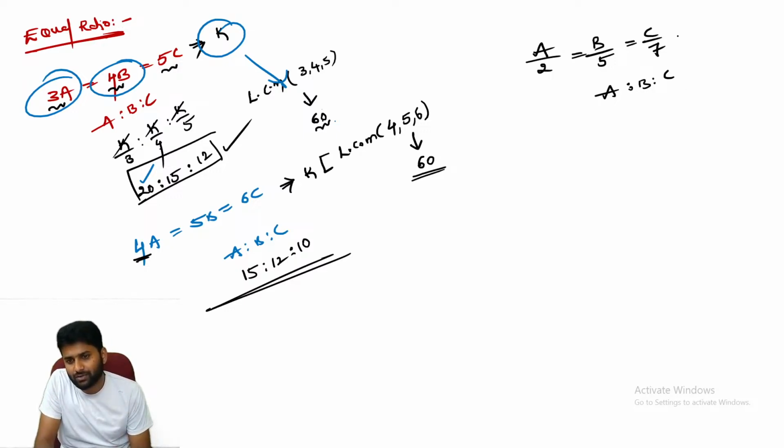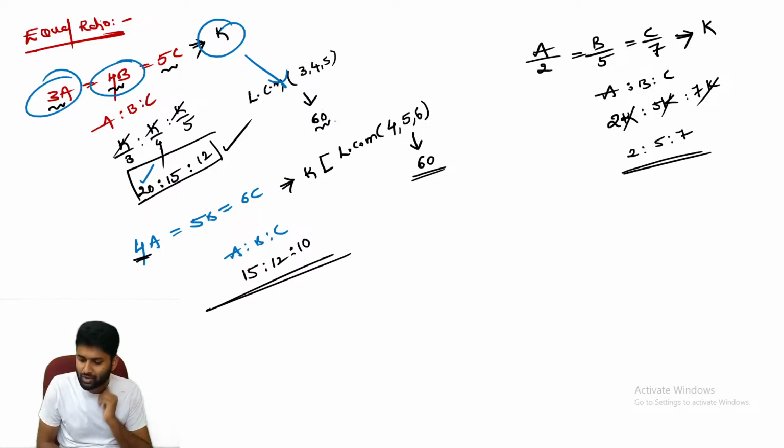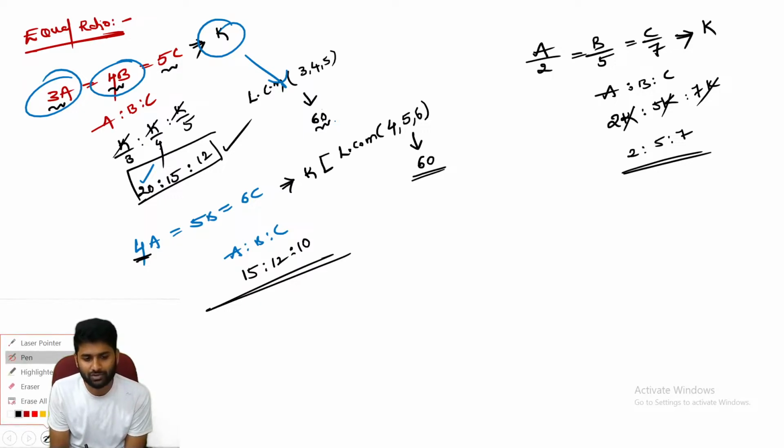If you are interested, go through the standard approach here. The value of K, then A value is 2K, B value is 5K, and C value is 7K. Guys, simply cancel the numbers. If any question is related to fractions and the denominator is your given ratio, whatever the values in the denominator, take those as the ratio, guys. If it is in terms of multiples, then identify the common multiple.